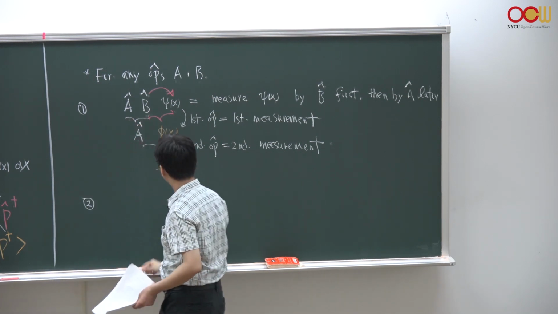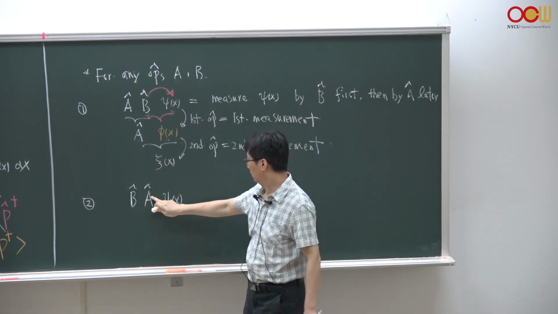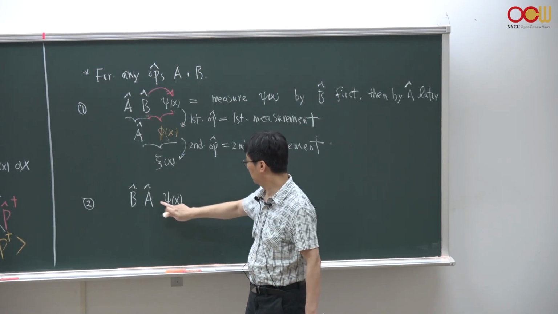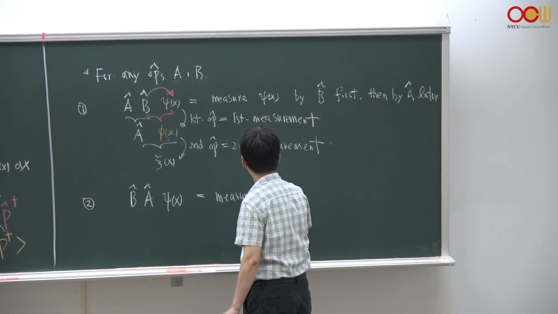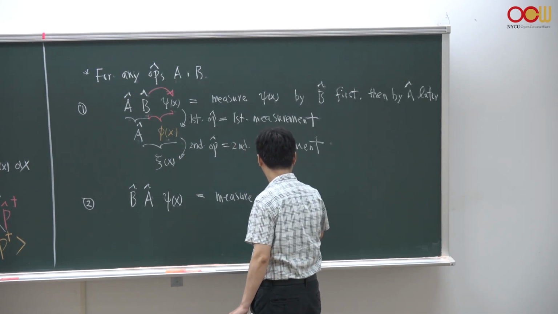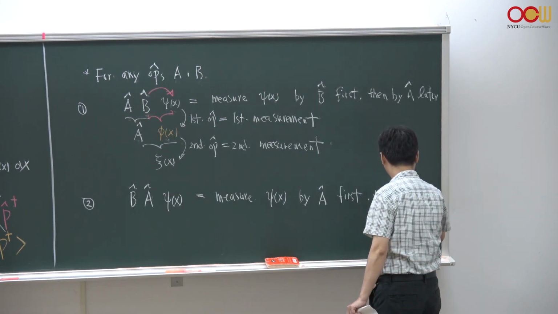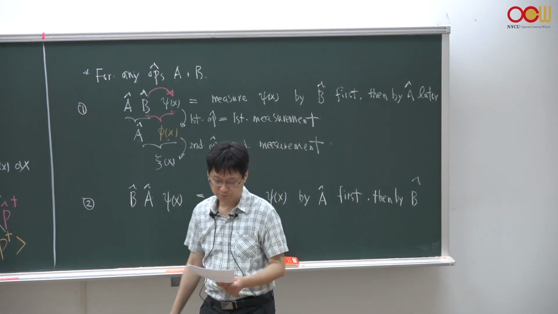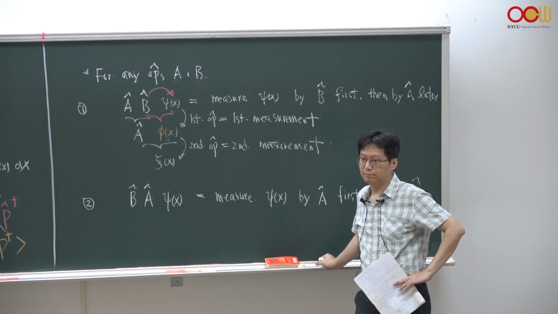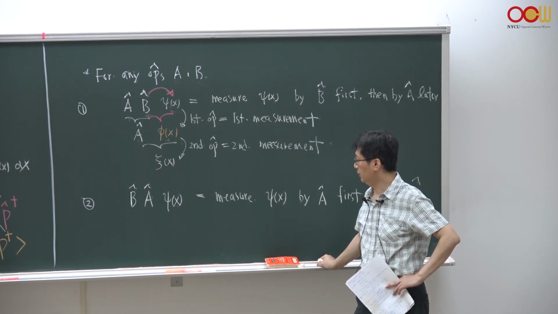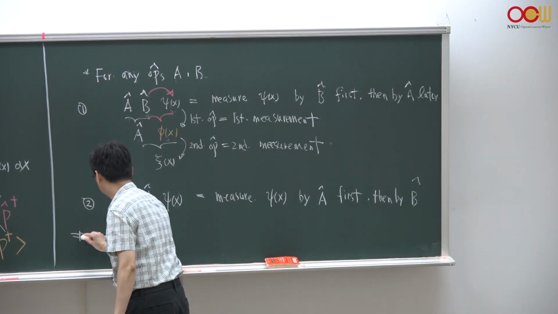But we can think about the reverse order, which is done first by applying A onto psi and then later by B. So the second process is done by measuring this psi by A first, then by B. In classical mechanics, it doesn't matter whether you measure the classical particles first by B, later by A, or first by A and later by B. But quantum mechanically, the order matters.